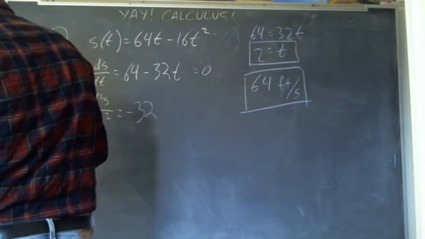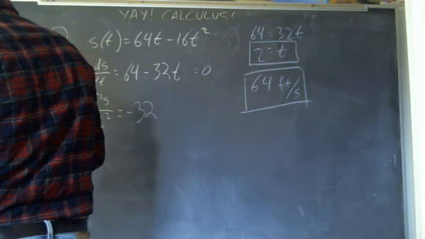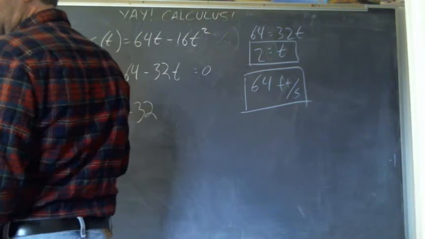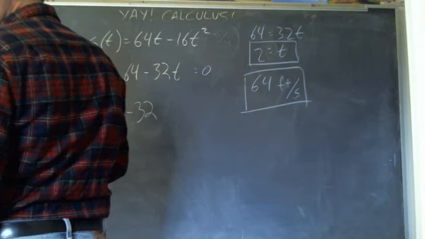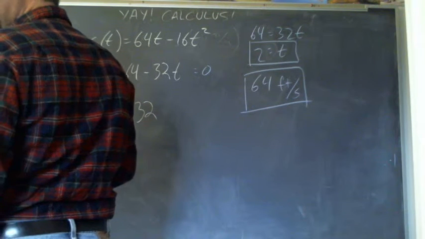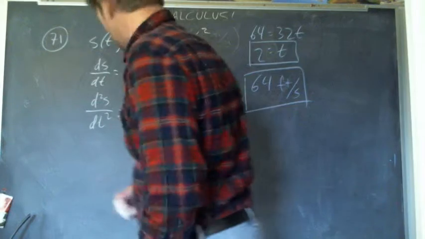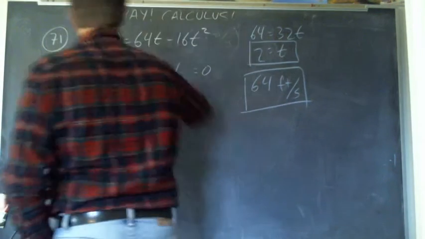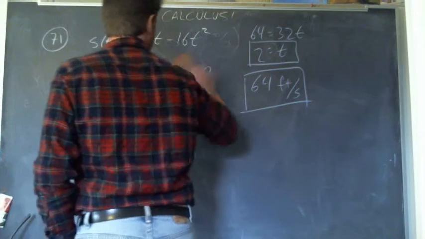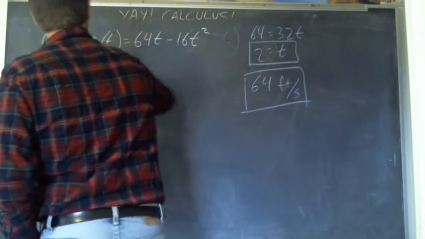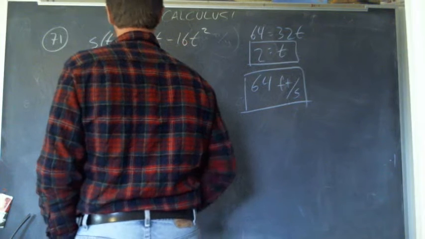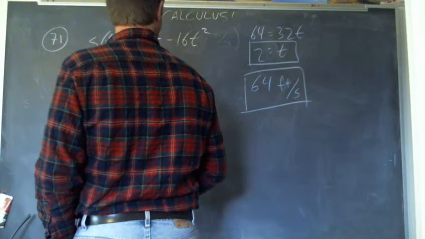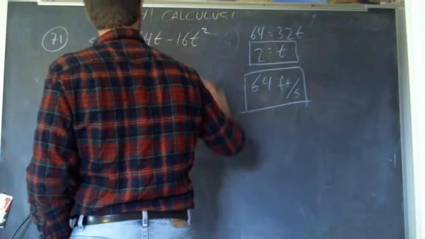On the moon, the same force will send the paperclip to a height of 64t minus 2.6t squared feet in t seconds. How long will it take the paperclip to reach its maximum height, and how high will it go? All right, let's see. So these ones don't work anymore. The same force means our initial velocity is the same.